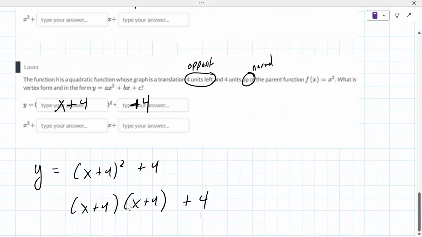So why don't you FOIL this? What's FOIL? First, outer, inner, last. So you're multiplying the first times the first, the outer, the inner, and the last.